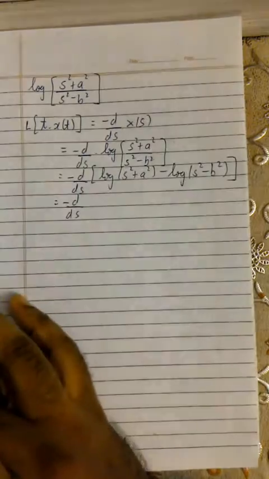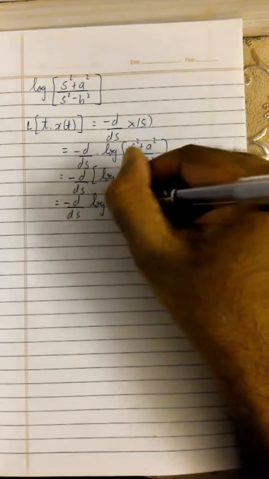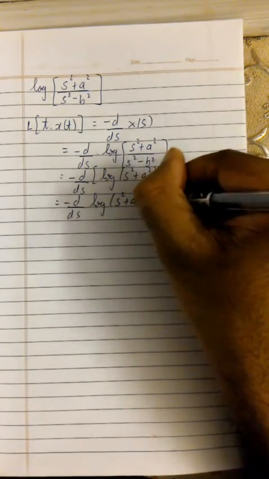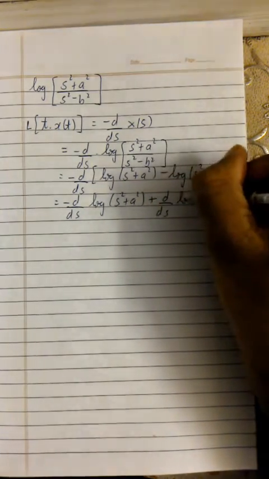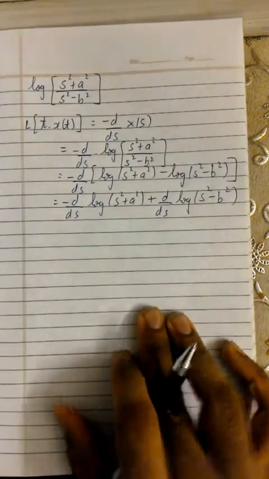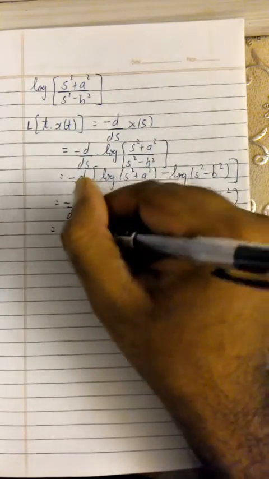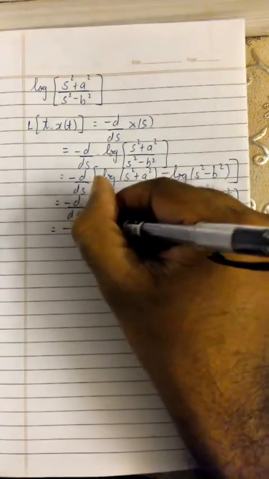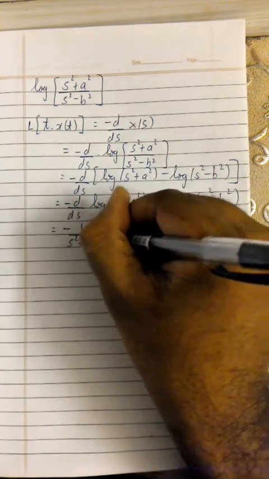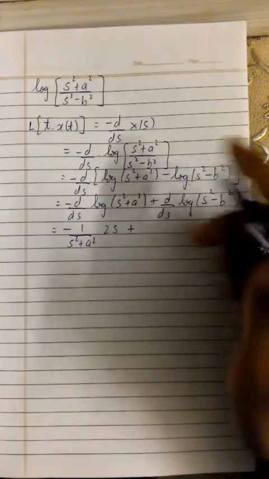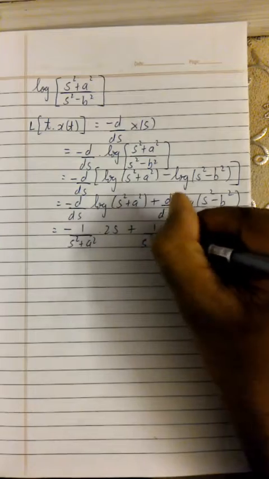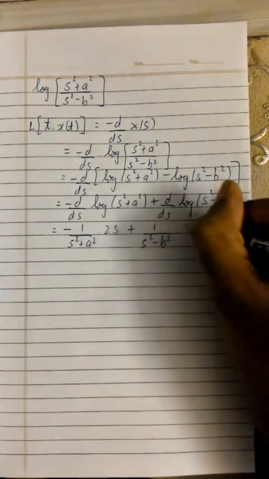This becomes minus d by ds of log of s square plus a square, minus of minus becomes plus d by ds of log of s square minus b square. Okay, so the differentiation of this is minus 1 by s square plus a square into 2s, plus the differentiation of this is 1 by s square minus b square into 2s.